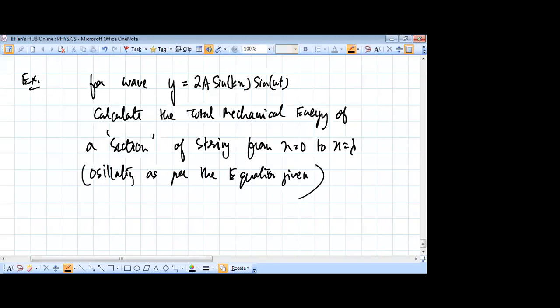So a section of the string is between x equal to 0 and x equal to lambda, where of course k is 2 pi by lambda, and omega is equal to 2 pi f. So we want to find this out.